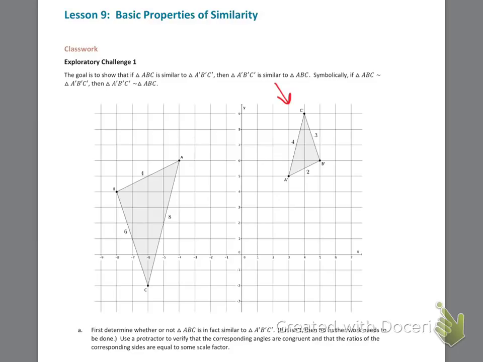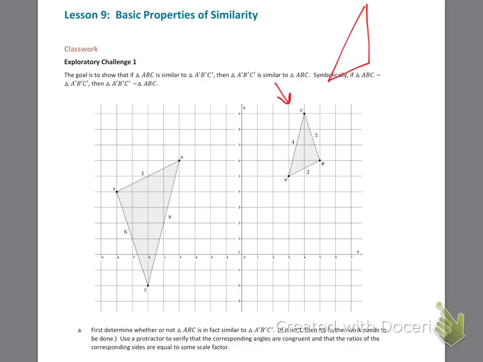So that means to dilate it with the scale factor of R equals 2. I don't have room on my screen, but you have room on your paper. Dilating with a scale factor of 2 is going to push this triangle way out here, but even bigger than that, right?